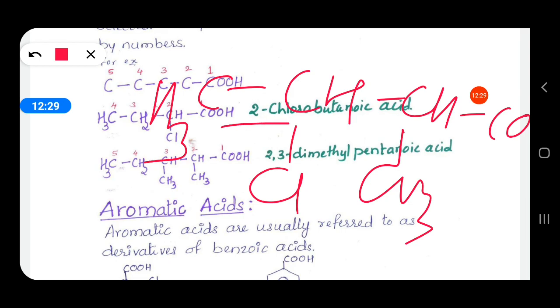For this, 4 carbons are there in the straight chain, so it becomes butanoic acid. 2 substituents are present, one at the second carbon, another at the third carbon. One is a chloro group, another is a methyl group. So here alphabetically, which will come first? Chloro will come first. So it is 3-chloro-2-methylbutanoic acid.